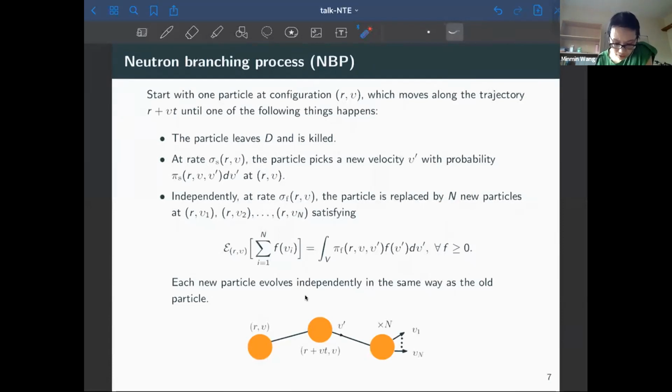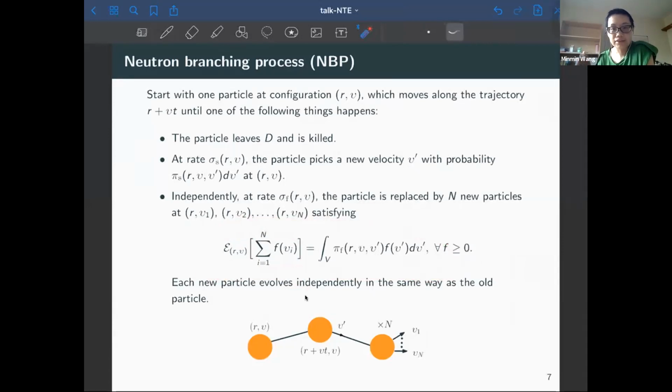The joint distribution of this variable n and the new velocities is captured by this distribution curly E, which may depend on where the branching occurs. This distribution curly E satisfies this first moment relationship.